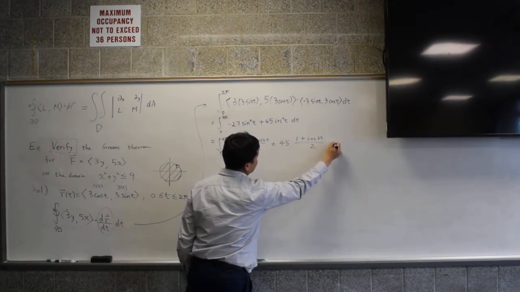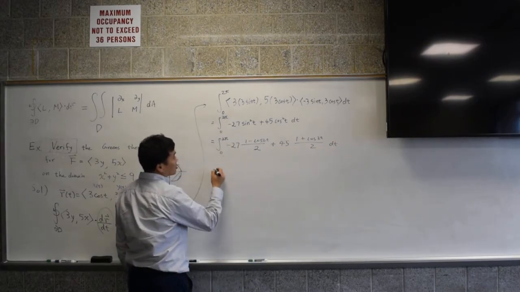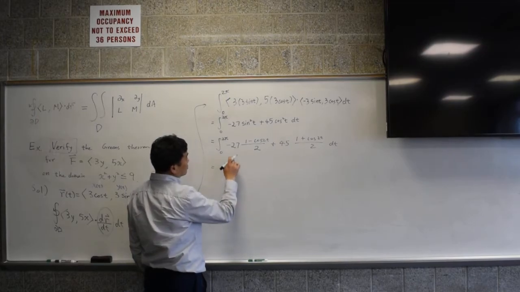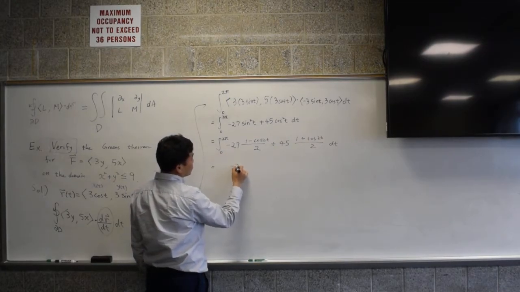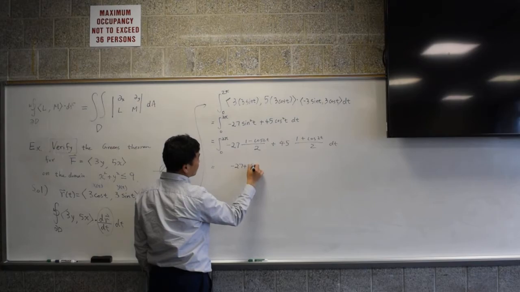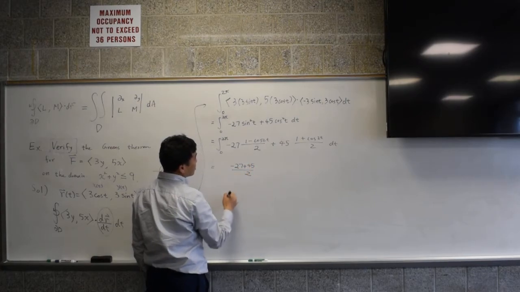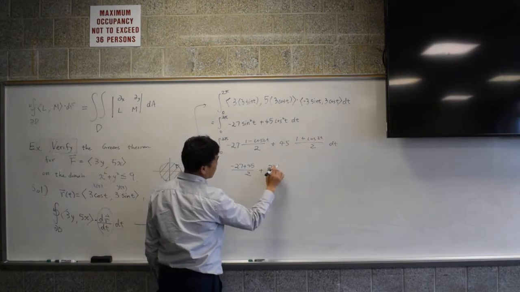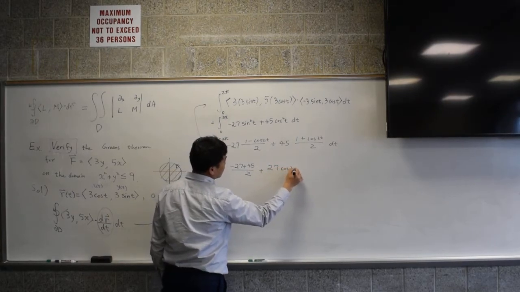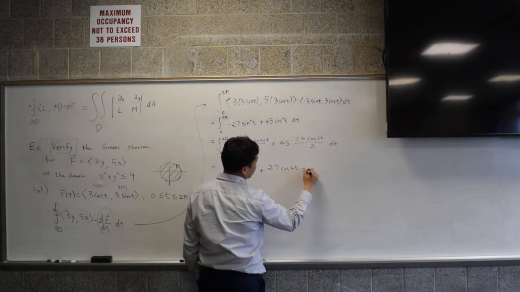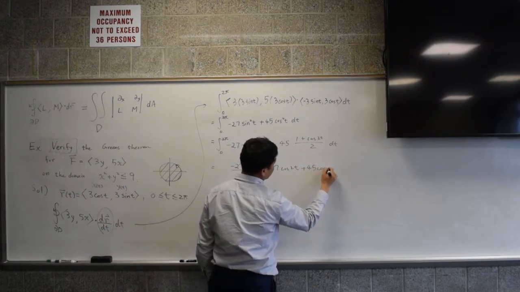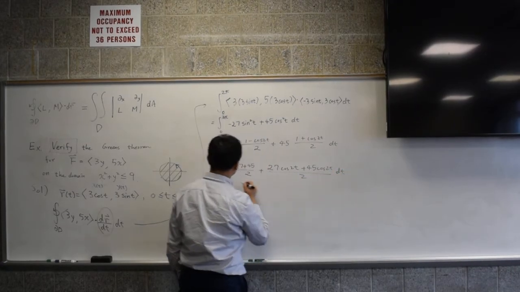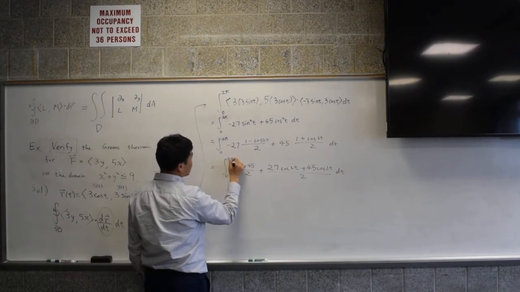Let's continue this. So it will be negative 27 plus 45 over 2, and negative 27 cosine 2t, plus 45 cosine 2t over 2, from 0 to pi.